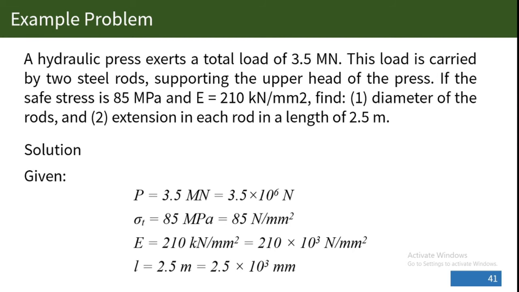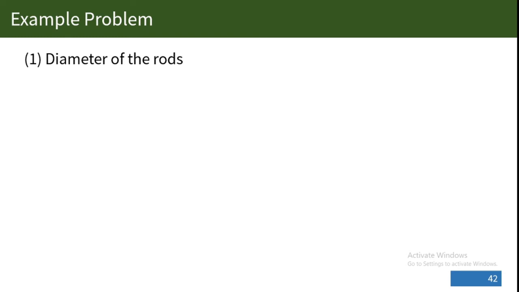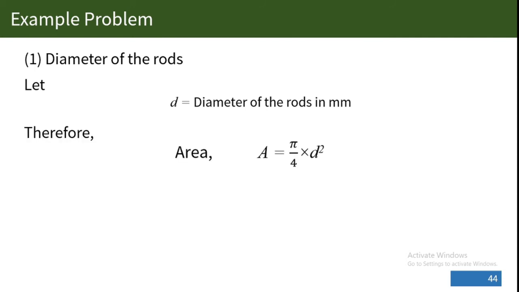So we are required to find the diameter of the rods and the elongation or extension of the rod given this initial length. Alright, so first off, we'll find the diameter of the rods. Let's take D as the diameter of the rods in units of millimeters.